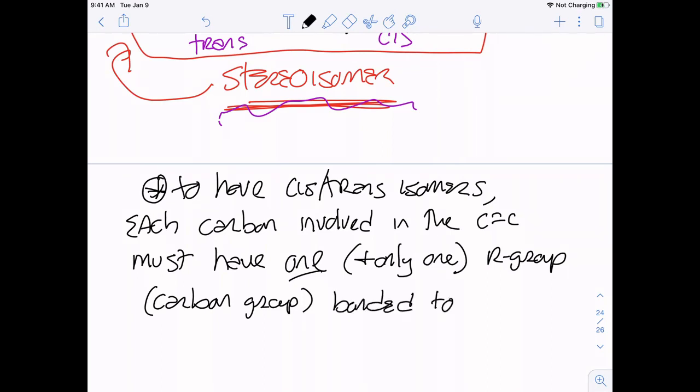If it has more than one, it can still have isomers, but they're not cis trans isomers. They're a different type of isomer that we'll talk about in chapter 10. For now, we're just going to stick with the cis trans.